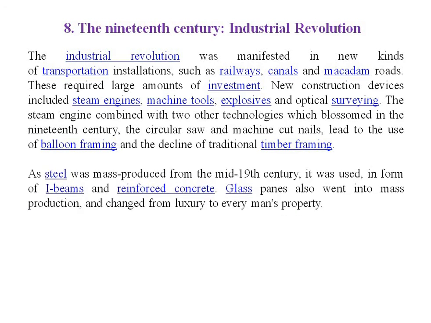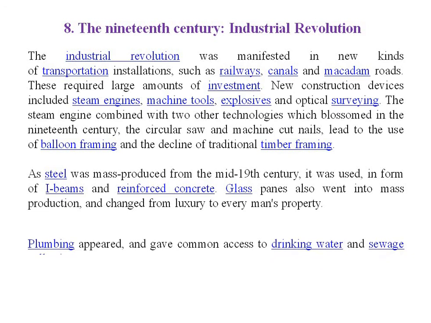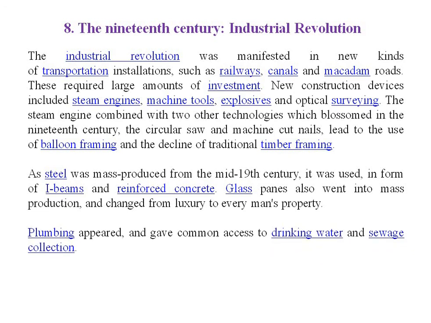As steel was mass produced from the mid 19th century, it was used in the form of I-beams and reinforced concrete. Glass panes also went into mass production and changed from luxury to every man's property. Plumbing appeared and gave common access to drinking water and sewage collection.